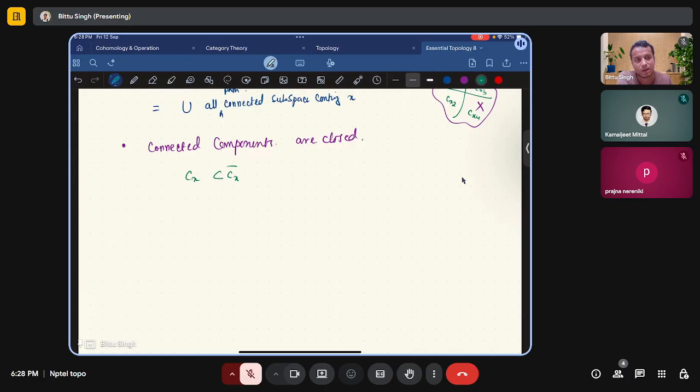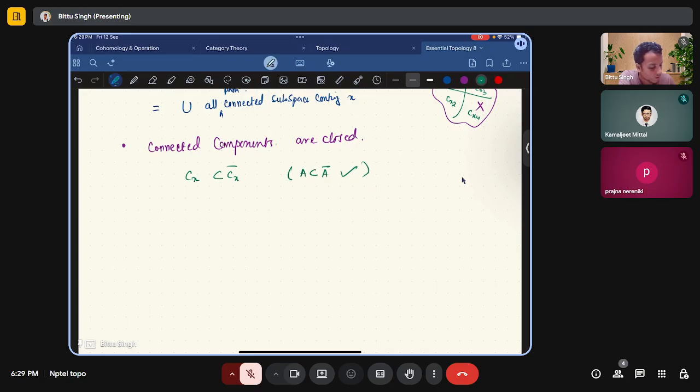Closure is bigger than A. So this is always the case. Now we need to see the reverse inclusion. Something belongs to Cx closure. So what is Cx closure? Note that we know an important property. This is always true because A is contained in A closure.